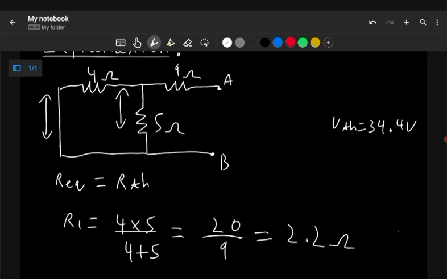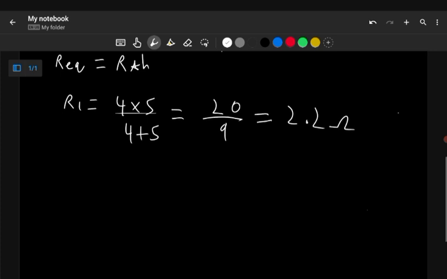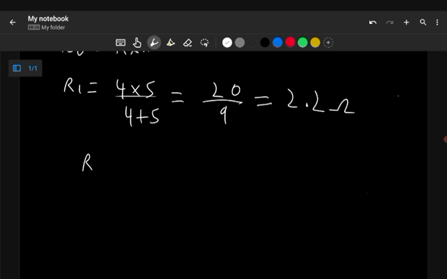And this 2.2 ohm resistor is in series with this 9 ohm resistor. So our Req will become 2.2 plus 9, which would equal 11.2 ohms.